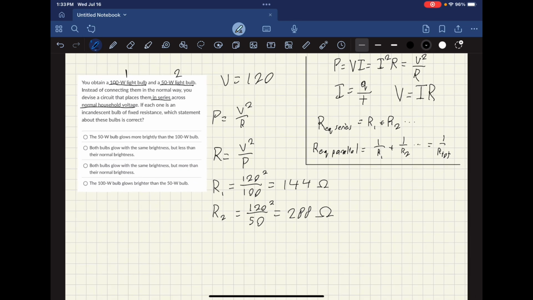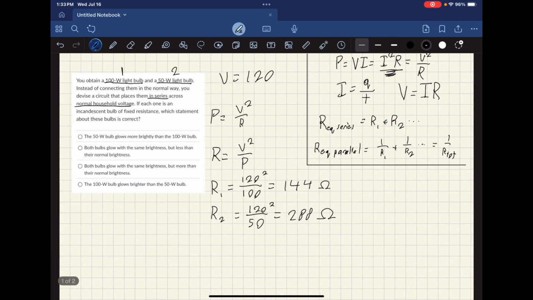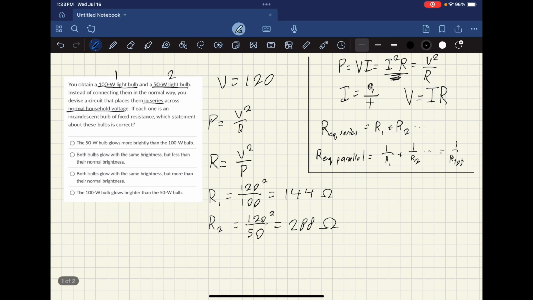So if we have power equals I squared times R, current remains the same throughout the whole circuit. So the only thing that changes is resistance. The greater resistance, the greater the power. So the correct answer is that R2 here, which is 288, is greater than 144. So our 50 watt bulb is going to glow more brightly than the 100 watt bulb.